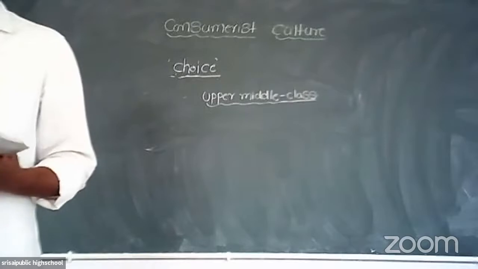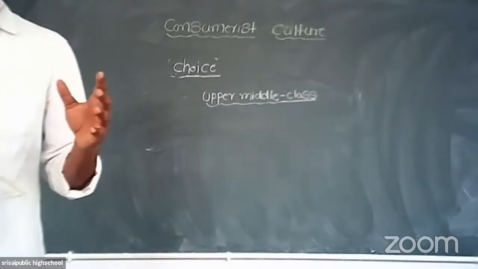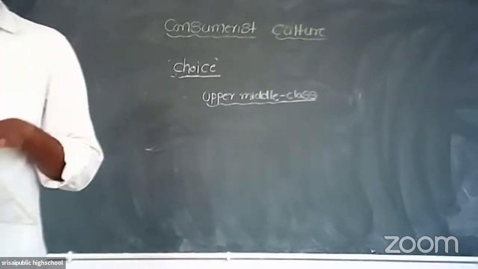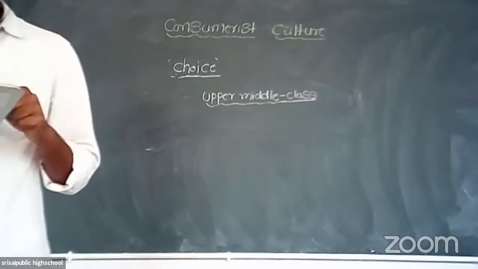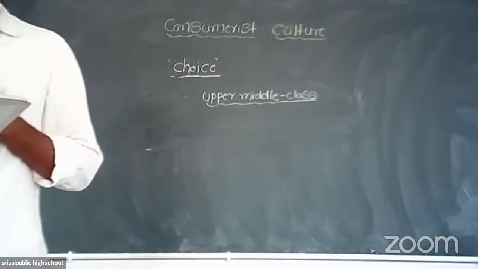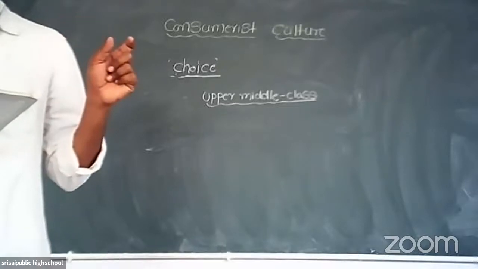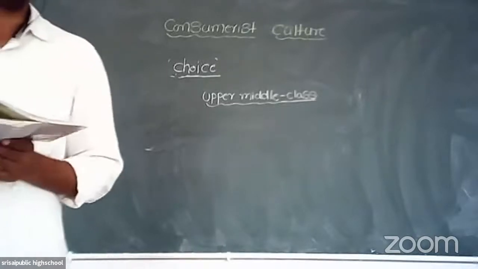In the name of development, we are just following Western culture. That is what he tries to show in the next paras. So that's why he gave the title, the tragic comedy of development.